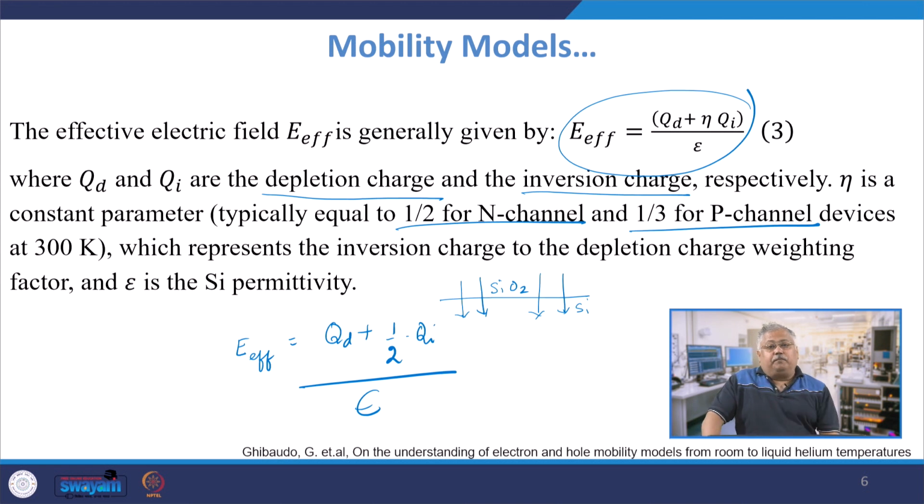And for a P channel, 1/3 of the holes contribute to the electric field in the transverse direction. Epsilon is of course the permittivity of the material. So, I get the effective electric field as QD plus eta times QI by epsilon. QD is the depletion charge. So, we look at the total charge and divide that by epsilon, and that is how you define the overall effective electric field.